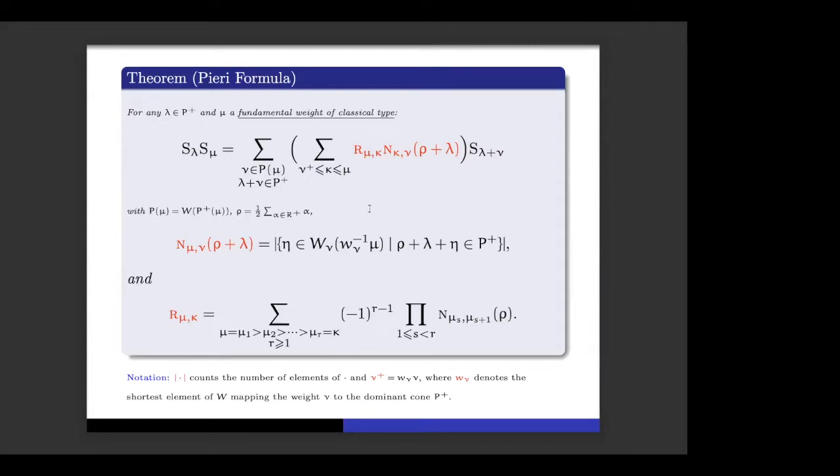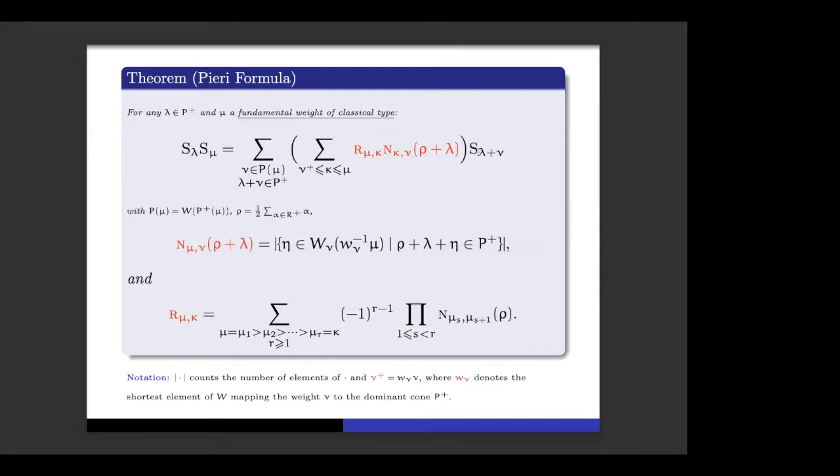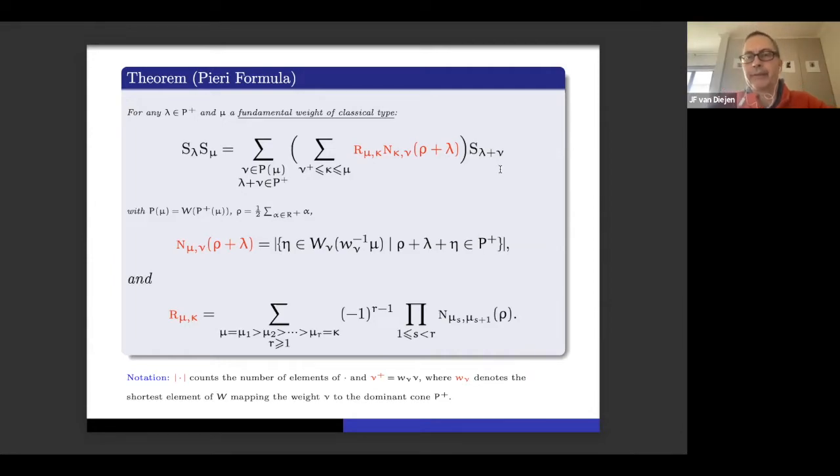Here, that's not the case. Here the summation is truncated to the dominant cone automatically. So you see immediately which characters appear with non-zero multiplicity, and here you get a closed form for the multiplicity.